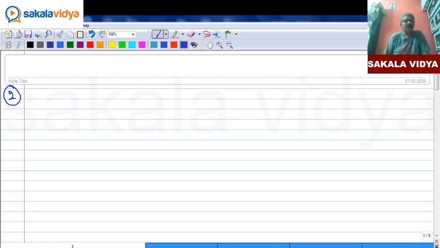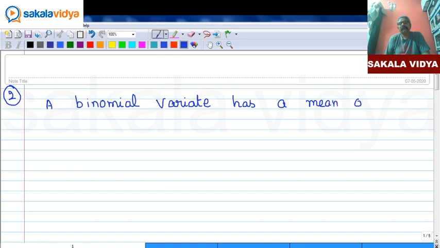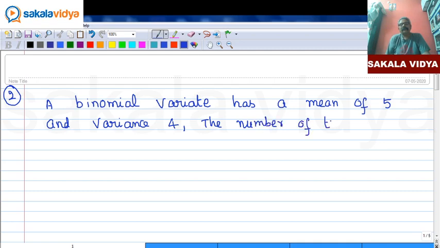A binomial variate has a mean of 5 and variance is 4, then the number of trials.